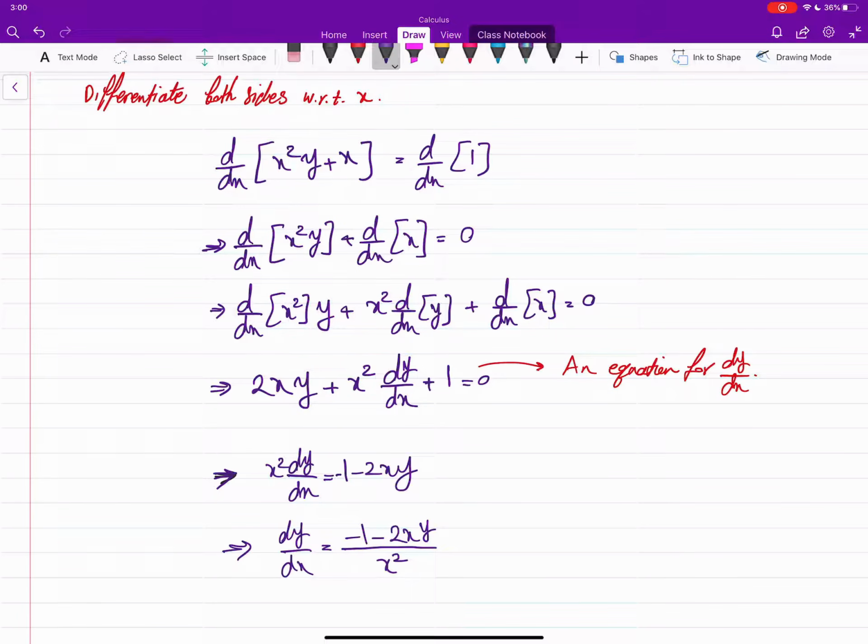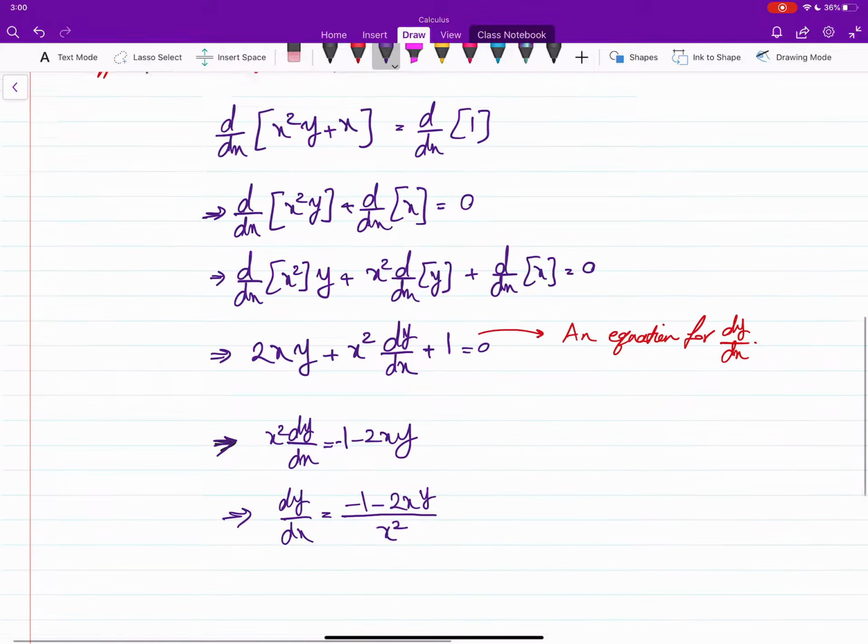And we found dy dx. That's the derivative. So we just differentiated both sides of the equation and solved it for dy dx.